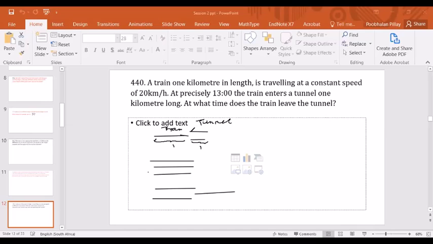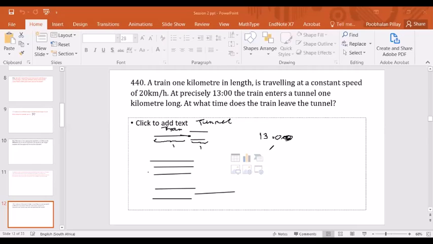The train is coming towards the tunnel, and it just enters the tunnel. The time at this is 1300, 1 o'clock in the afternoon. Now, the train enters the tunnel, and it's traveling at 20 kilometers per hour. Now, what is the meaning of that?